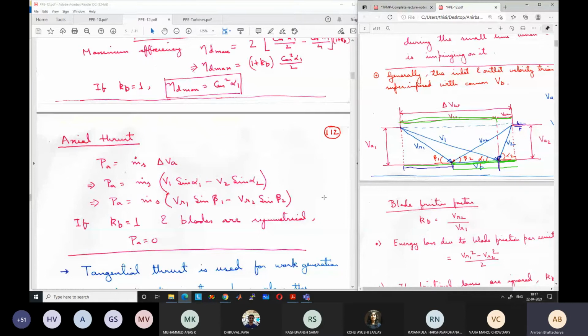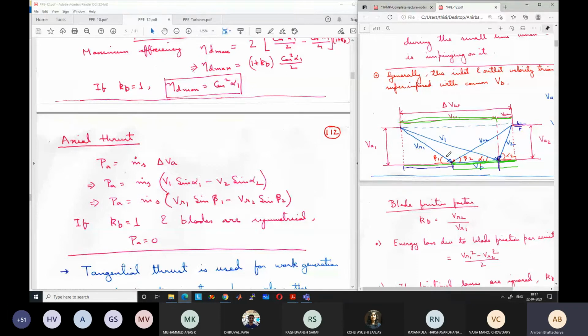So what is this delta VA? VA1 is equal to V1 sine alpha 1, and VA2 is equal to V2 sine alpha 2. We can also write them in terms of the blade angles and relative velocities. So VA1 is equal to VR1 sine beta 1, and VA2 is VR2 sine beta 2.